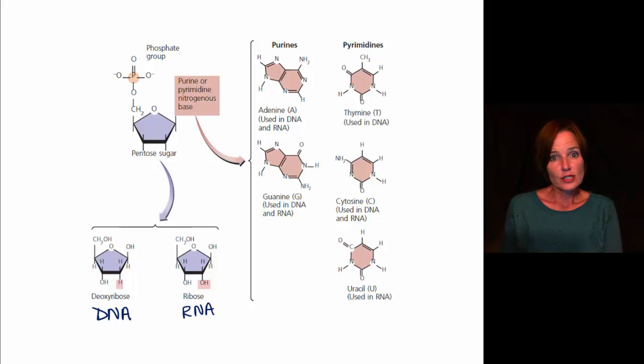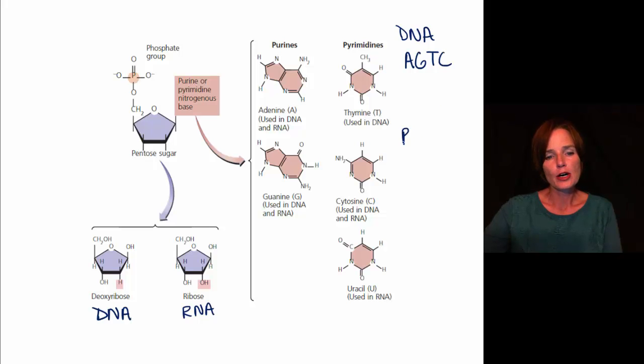There are a little bit of differences when we talk about DNA versus RNA and which bases we're going to find there. Just to sum it up, I'll write it over here. In DNA, we can find A and G, so both of the purines are possible in DNA. And for the pyrimidines, it's going to be T and C. When we're talking about RNA, RNA has both of those purines, so again A and G, but there's no thymine, no T in RNA.